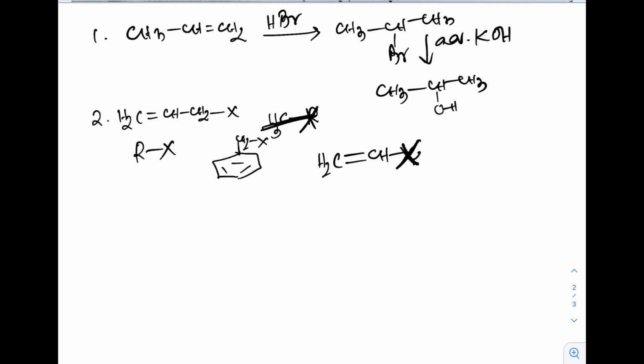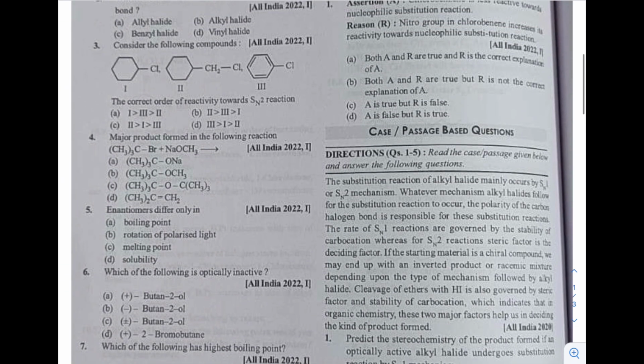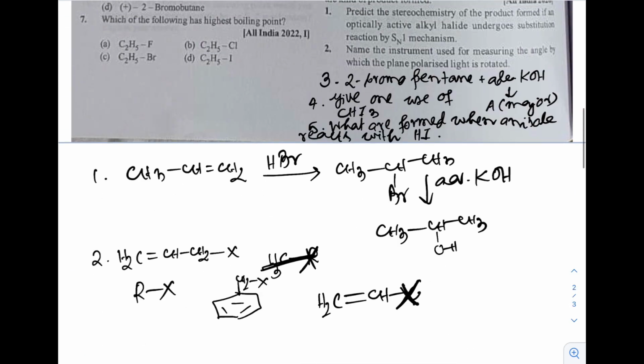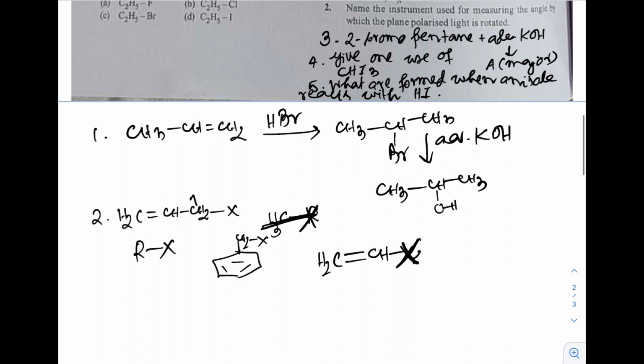So in the question they have asked that the carbon which contains the halogen will be sp2 hybridized. Let's check. So this carbon, this is sp3, steric number is 4. This is again sp3, benzylic, this carbon is sp3. But here, this carbon, you see the steric number is 3.